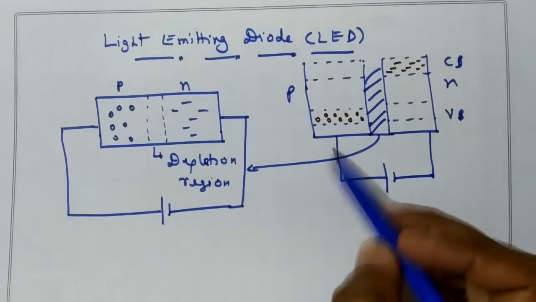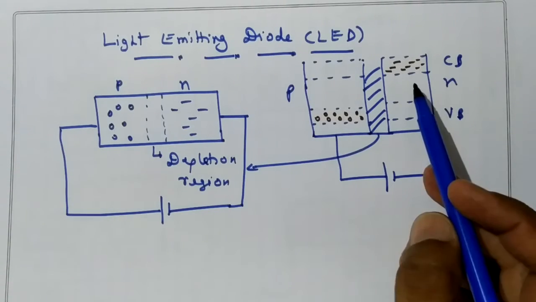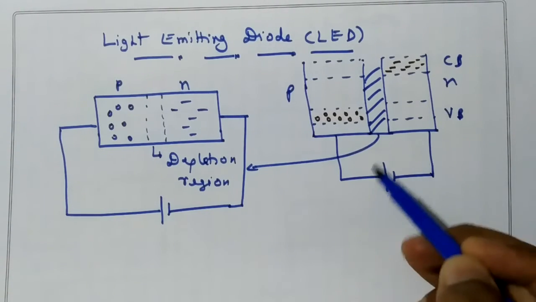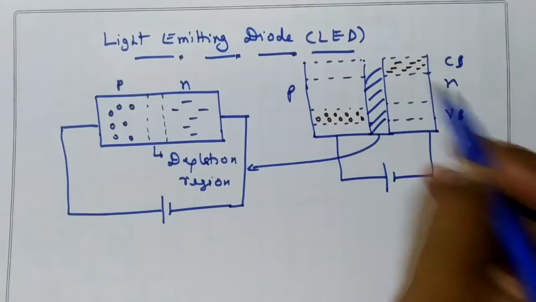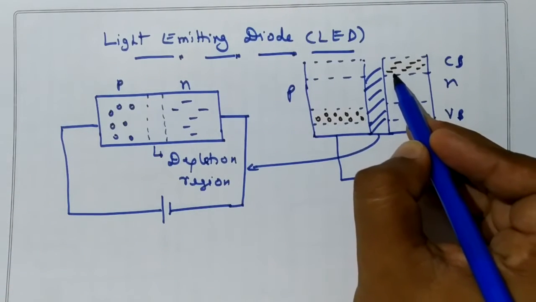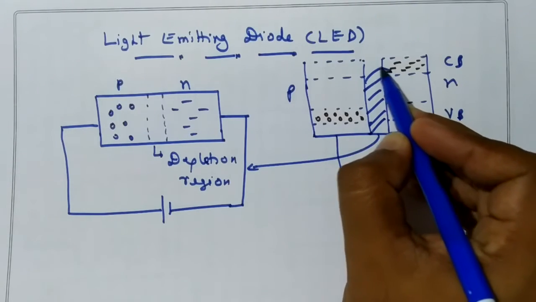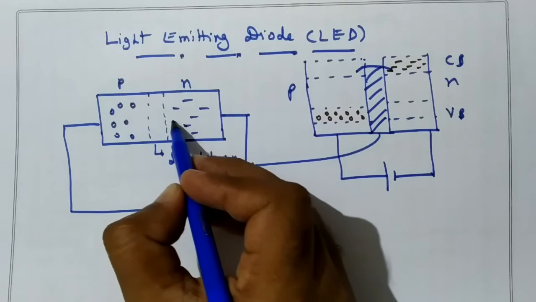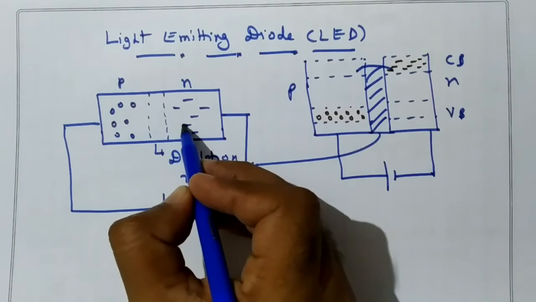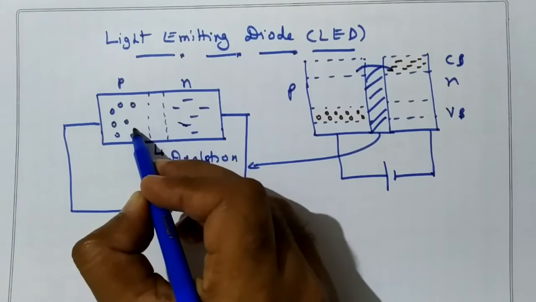So electrons acquire energy and go from the N side to the P side.